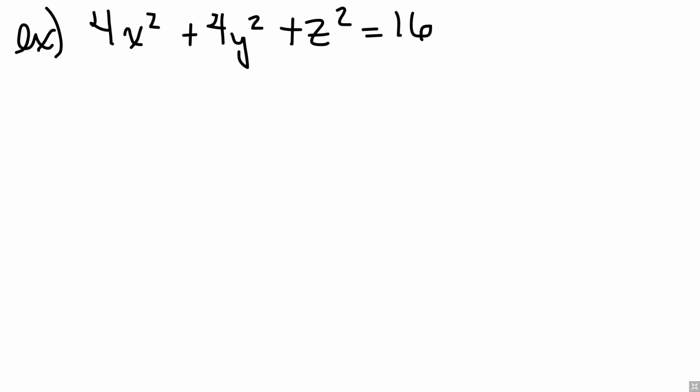So what we're going to do is take a look at how far we're going to be moving. There's going to be some restrictions here. So let's put our axis in.